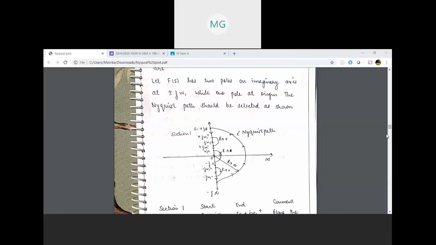Okay, so you have understood how to divide the different sections.